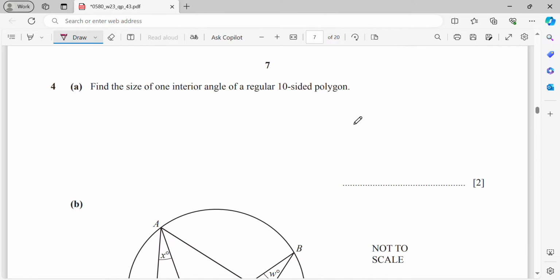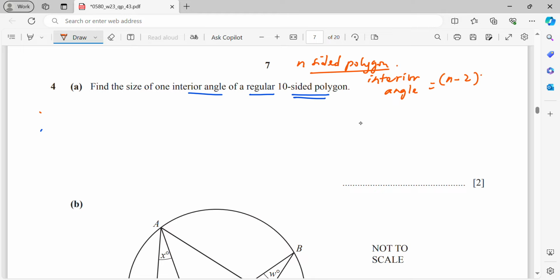Now, question number 4. A. Find the size of one interior angle of a regular 10-sided polygon. So the formula for the interior angle of an n-sided polygon is (n minus 2) times 180 degrees divided by n.